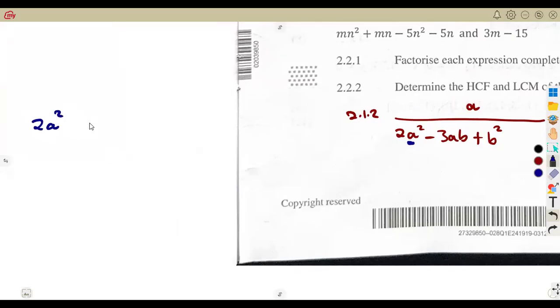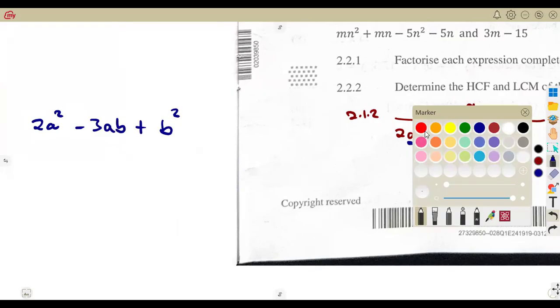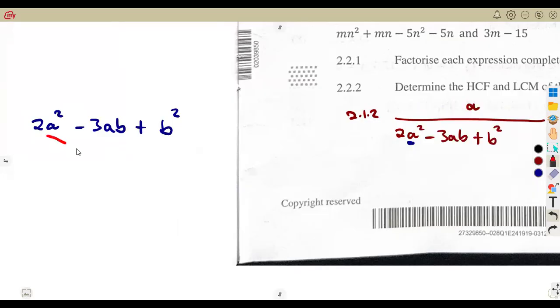So this is 2a squared minus 3ab plus b squared. Remember, for the longer way of factorization, guys, you multiply the first term by the last term if the coefficient of a squared there is not 1. Like I said, there are different methods, the cheat methods that you can use. Those are for your own good, just to understand them.